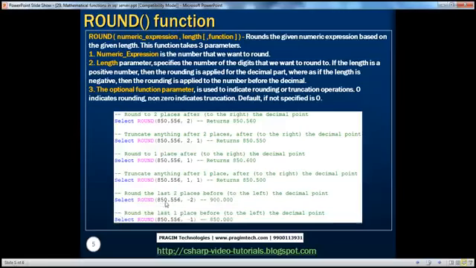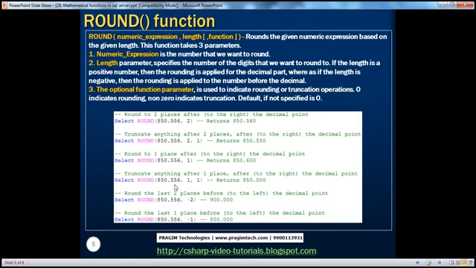So what's going to happen? 50 will be rounded to 900, so 900.000. Okay, so when you specify a negative number, you are actually telling the round function to round the digits to the left of the decimal point. When you use a positive number, you're telling it to round the digits that are right of the decimal point.